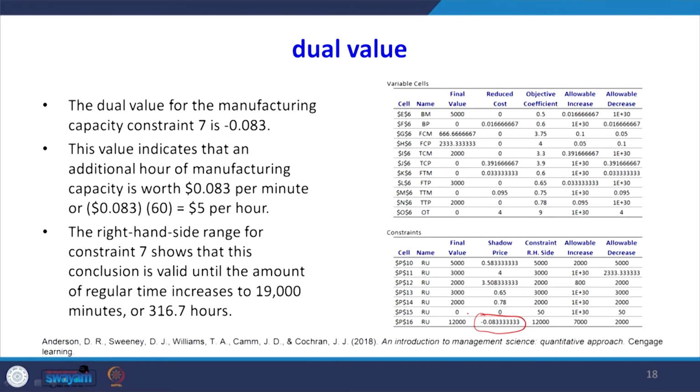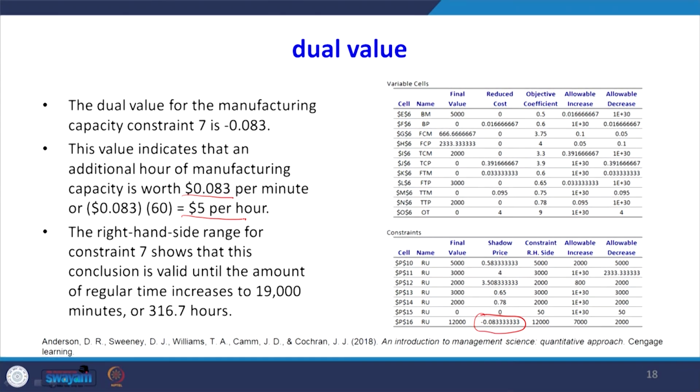This value indicates the worth of an additional hour of manufacturing capacity. An additional hour of manufacturing capacity is worth 0.083 per minute. Otherwise, if you convert it into time, this is $5 per hour.